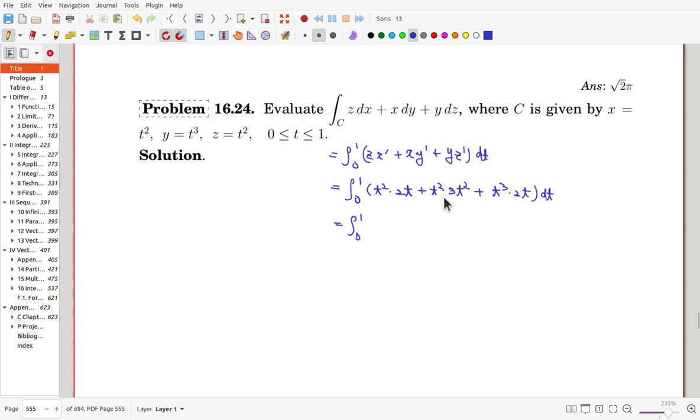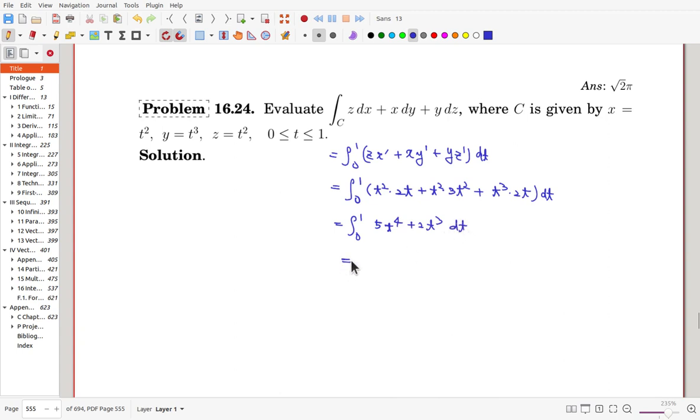The highest order is power 4. We have 5 of them, 5 times t to the 4, and power 3 and 2. So it is 5 t to the 4 plus twice t to the 3, and dt.